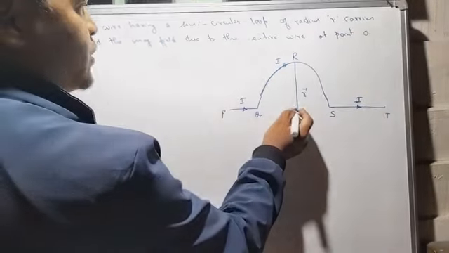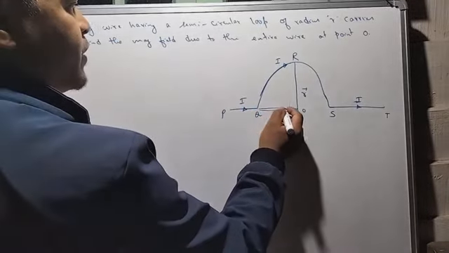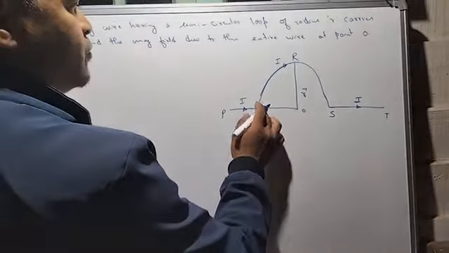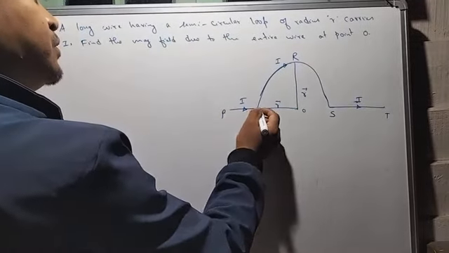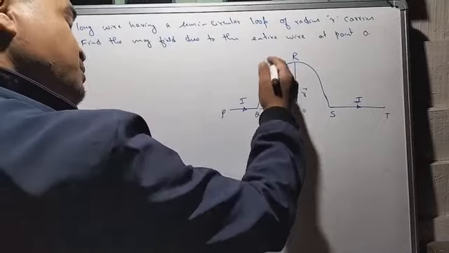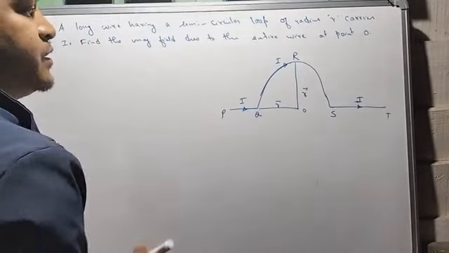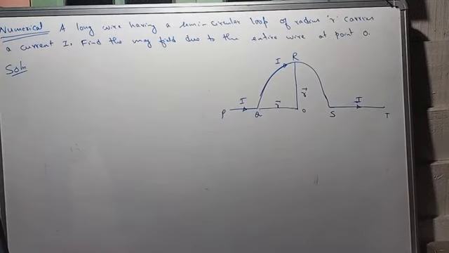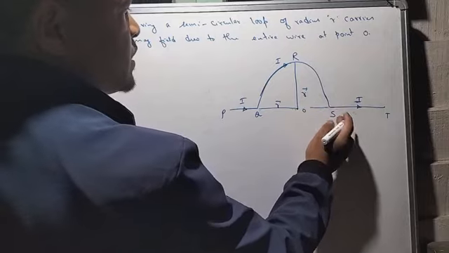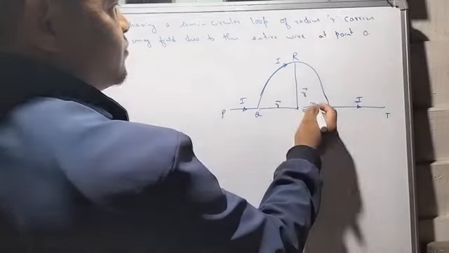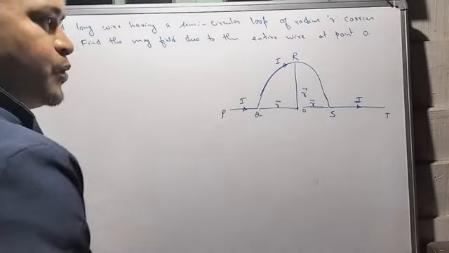When you join O, if you draw the radius OQ, then this radius OQ, which is the radius of this semicircular loop, makes an angle how much with respect to this linear line? The answer is 0. Similarly, with respect to this ST, the angle between the radius r and this line ST is 0.